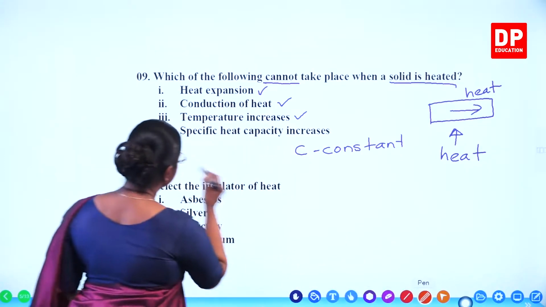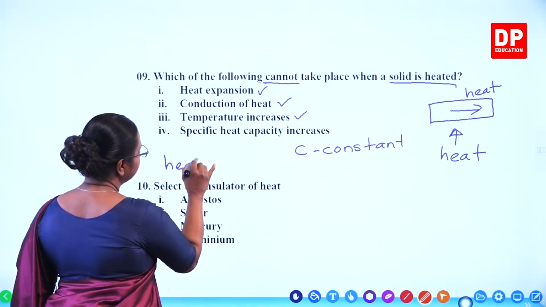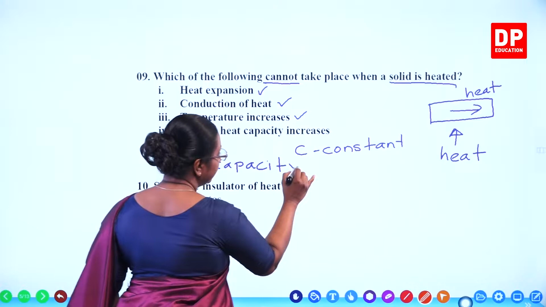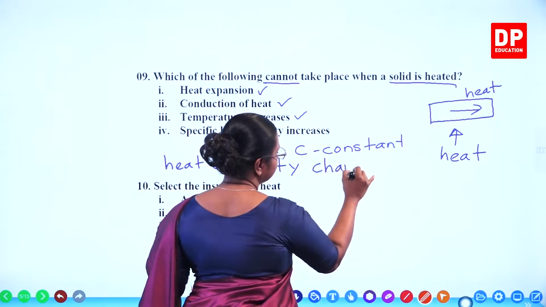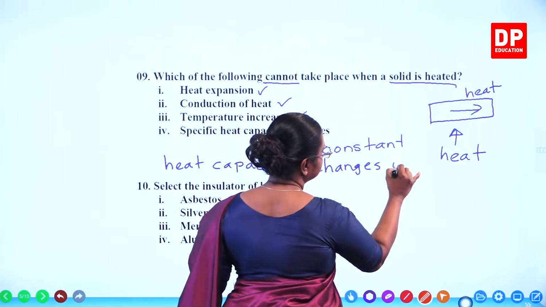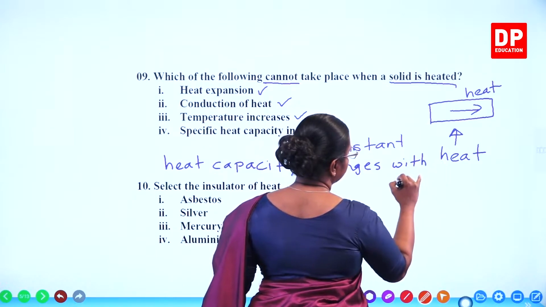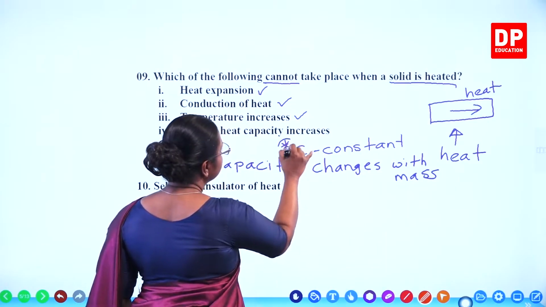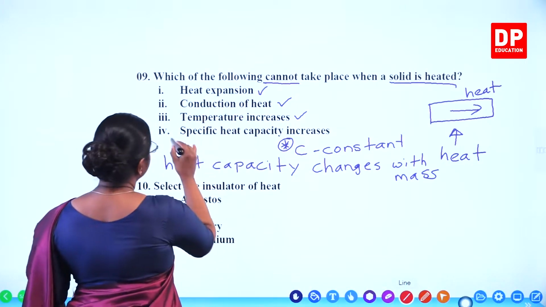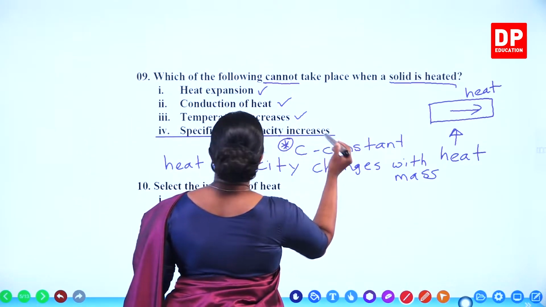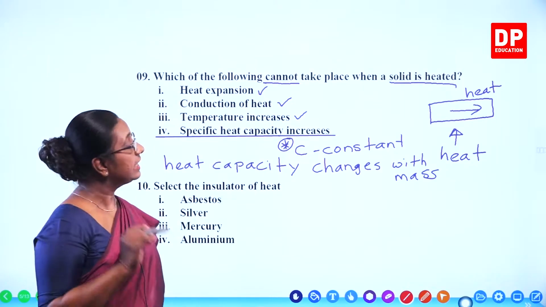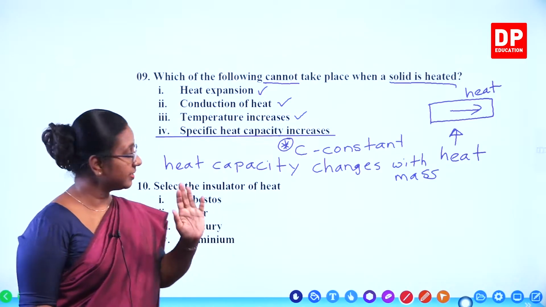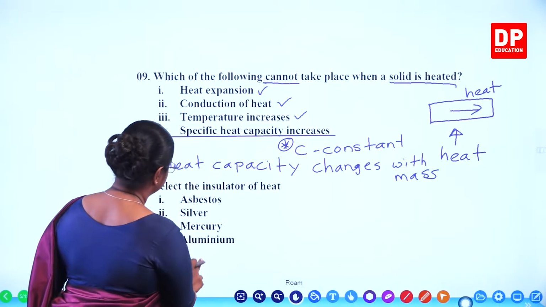So, here I can say heat capacity changes with mass, but specific heat capacity does not change. So, that means the fourth answer. Which of the following cannot take place? Specific heat capacity increases. That cannot take place.